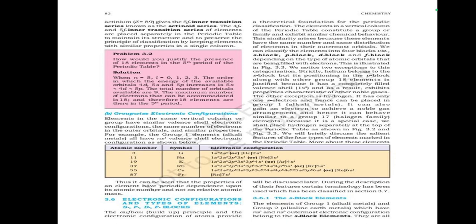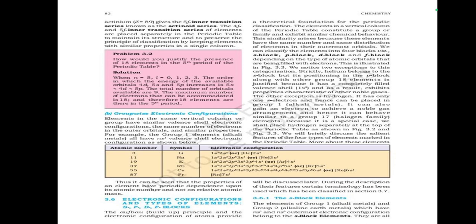The other exception is hydrogen. It has only one electron and hence can be placed in group 1 alkali metals. It can also gain an electron and achieve a noble gas arrangement, and hence it can behave similar to group 17 halogen family elements. Because it is a special case, we shall place hydrogen separately at the top of the periodic table as shown in figures 3.2 and 3.3.